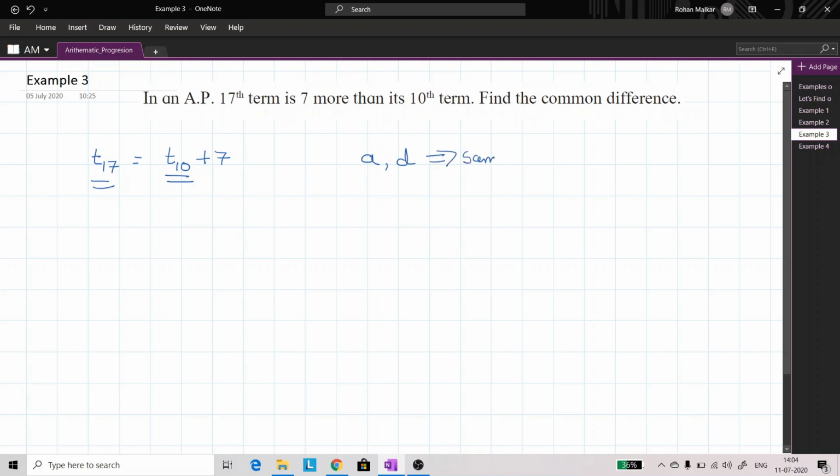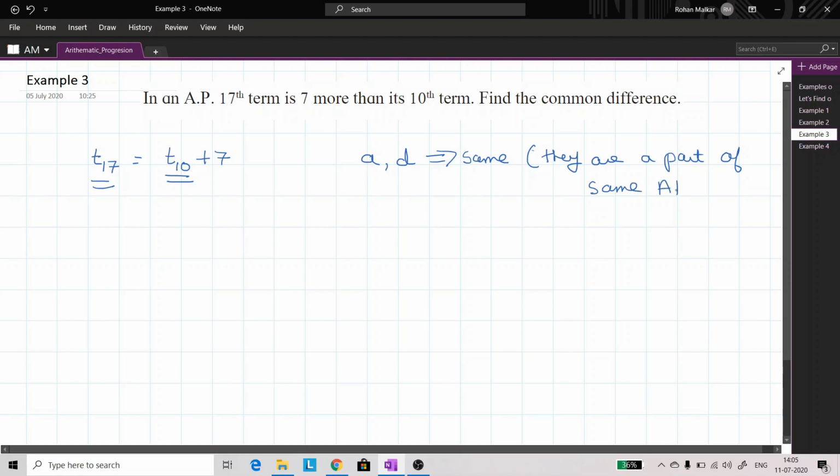And this happens because they are a part of the same arithmetic progression. They are part of the same AP. So we again use the formula for the Tn term.